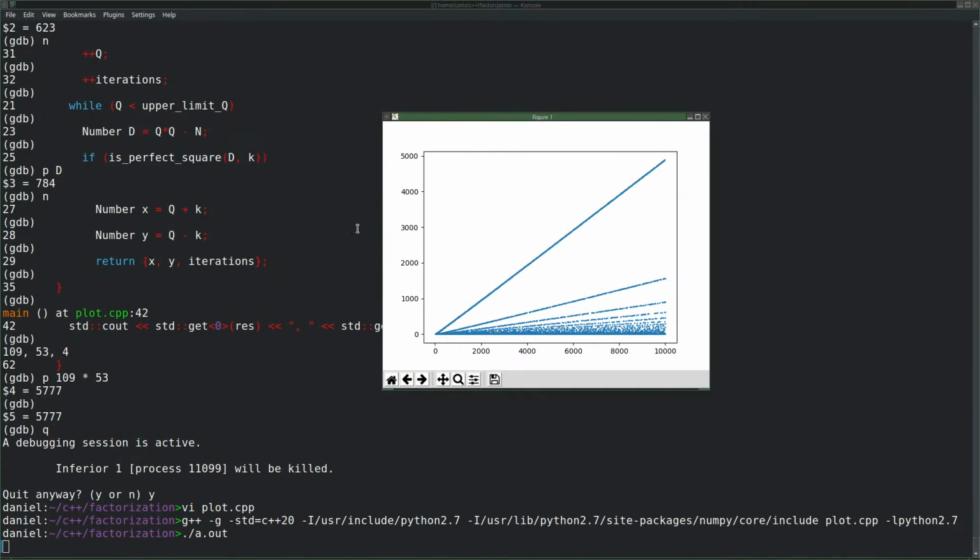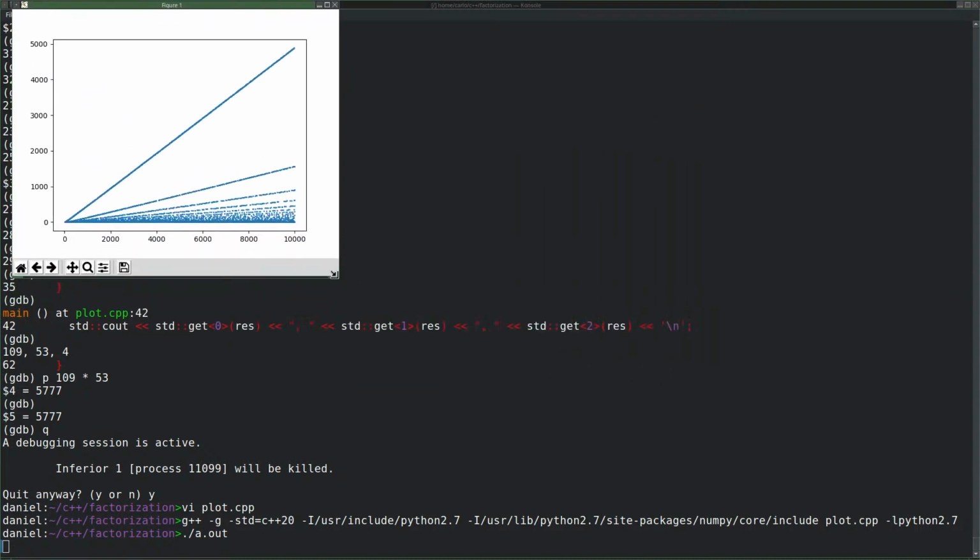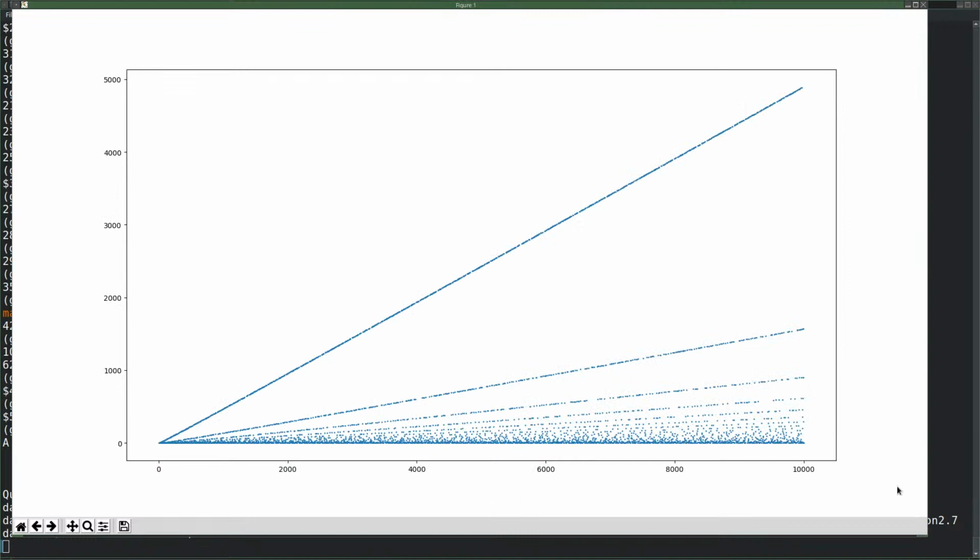That's more like it. So horizontally you see some integer, and then using my algorithm, I'm factorizing it. And vertically you see how many steps that took.